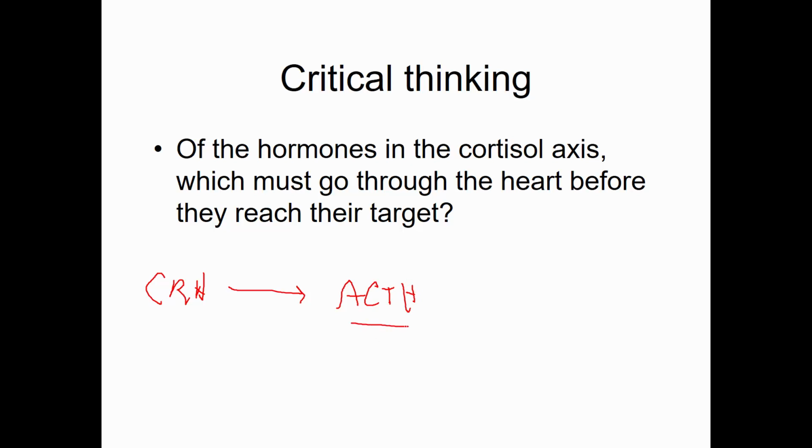So ACTH has to go through the heart. And then we go to the adrenal gland and we get cortisol, which goes into the venous blood. It has to go to the right heart, to the lungs, to the left heart, out to the system and have its effects. So cortisol and ACTH go through the heart. CRH goes through the portal system to reach its target cell.